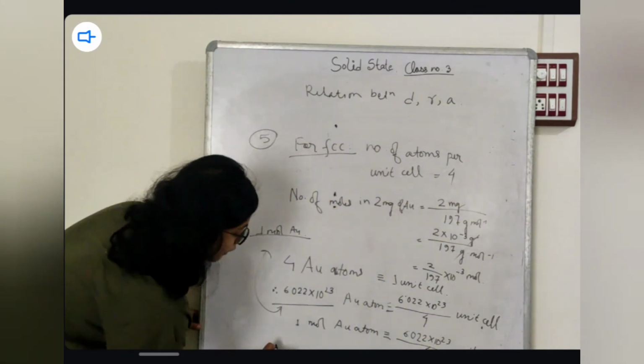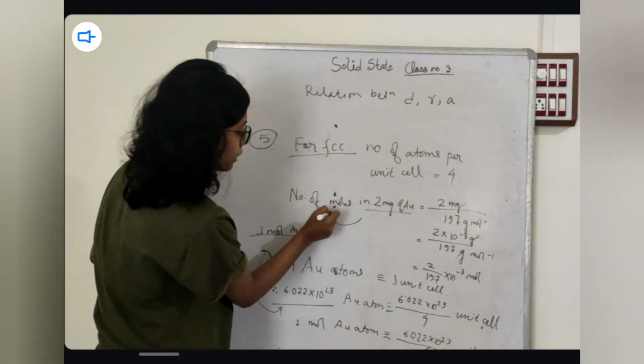Therefore, in 2 mg, what is the number of moles?